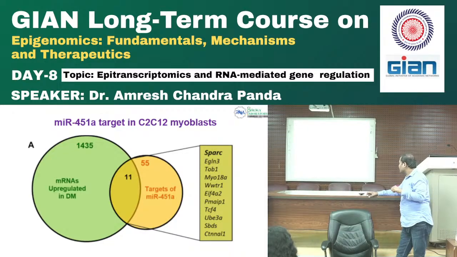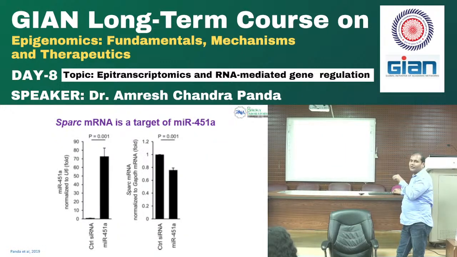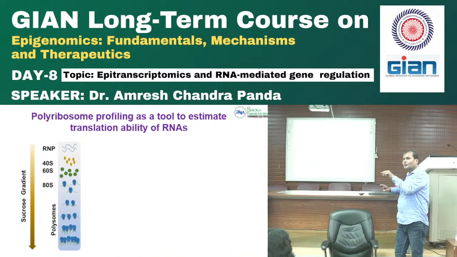We predicted the genes targeted by this microRNA and we found a few of them, and one of them is SPARC. Okay, that's a protein involved in myogenesis, and when we overexpress this microRNA, the SPARC mRNA goes down. So basically this is inhibiting the mRNA expression, and as I said, it could be two ways.